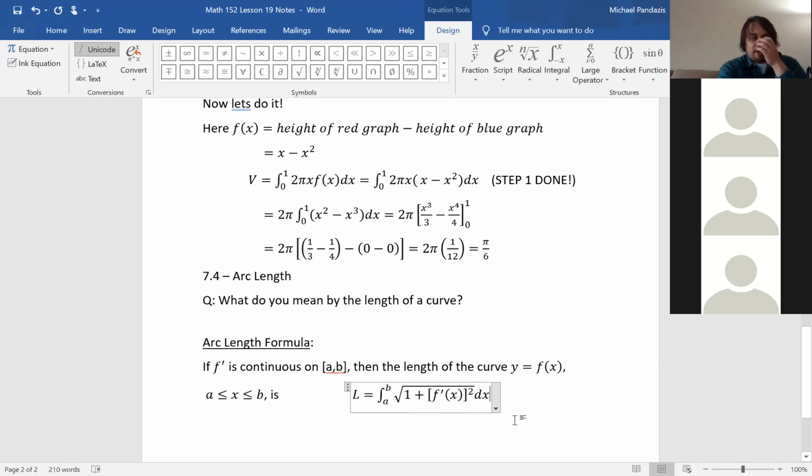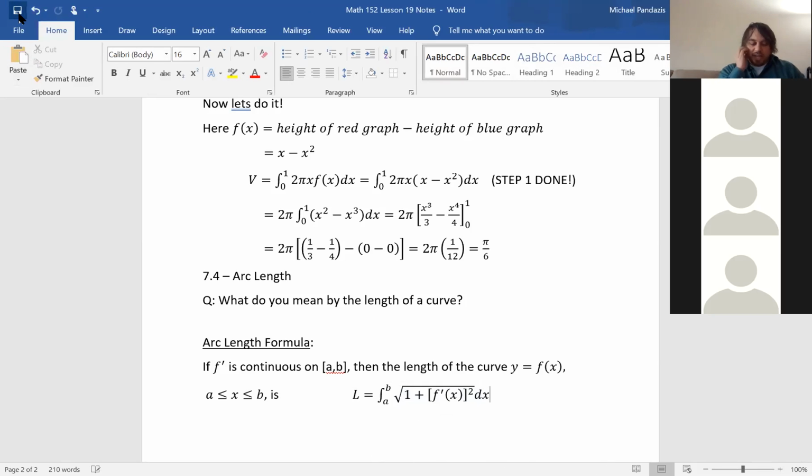The square root is not in the dx. So this is the formula for calculating the length of a curve.